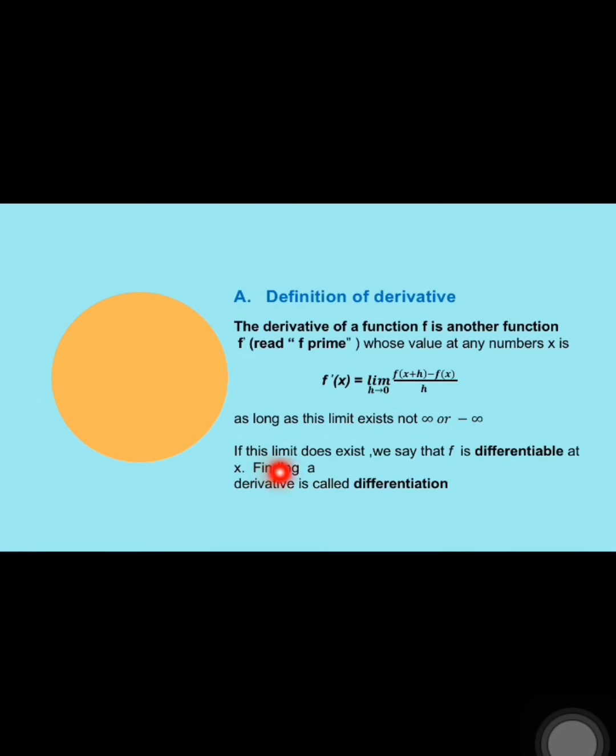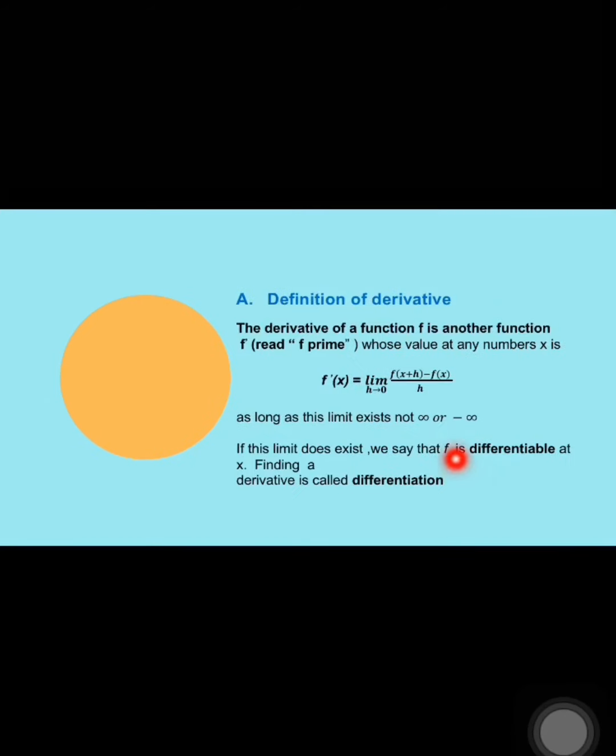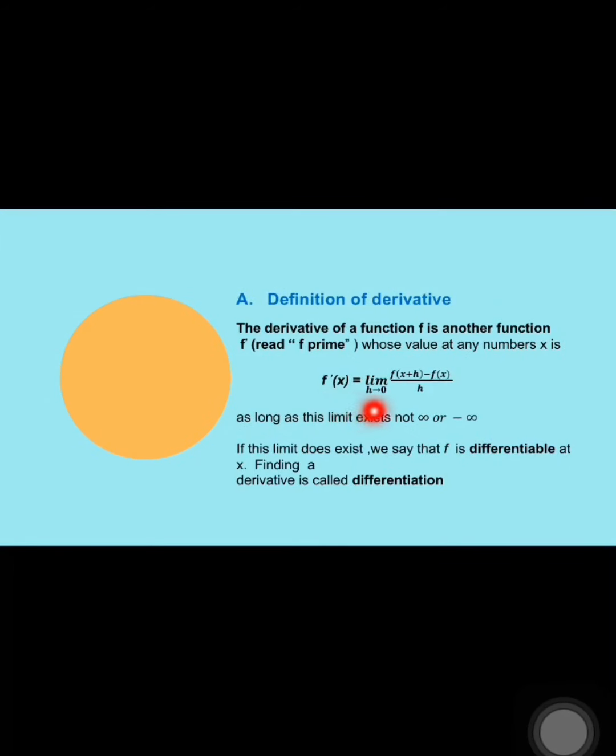If the limit does exist, we say that f is differentiable at x. Finding a derivative is called differentiation. We get this concept from the tangent concept. With the same concept as this formula, we can determine the instantaneous velocity. They give different names for the same mathematical concept. Okay, next.